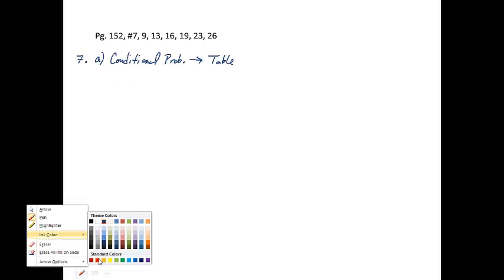So, how do we deal with conditional probabilities when given a table? This is what we're going to do. The first thing you want to do is isolate the table to only consider the given. So step 1: isolate the given.